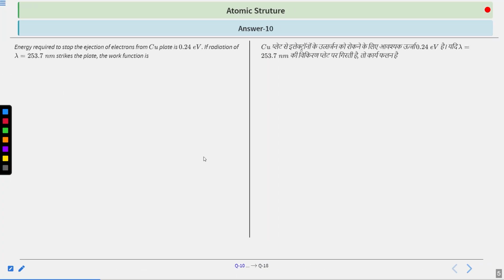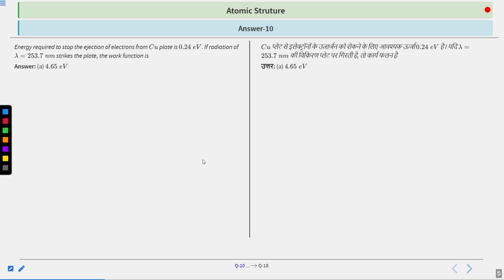The question says the energy required to stop the ejection of electron is 0.24 electron volt, as in the photoelectric effect, where we have to supply some energy to eject the electron. Then, radiation of lambda 253.7 nanometer strikes the plate, and you have to find the work function. The answer is A, 4.6 electron volt, for those who have solved the question.